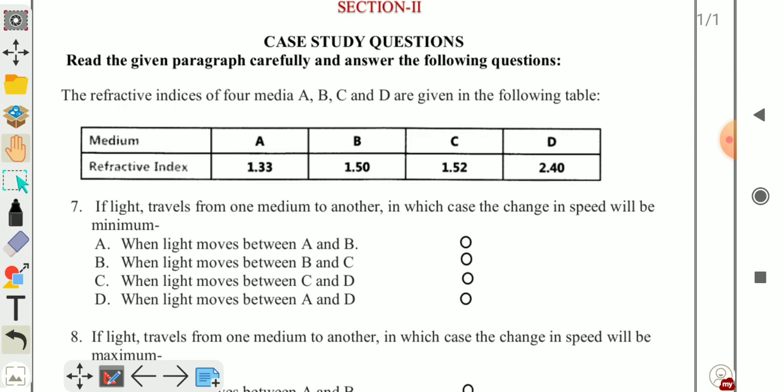Question number 7. If light travels from one medium to another, in which case will the change in speed be minimum?